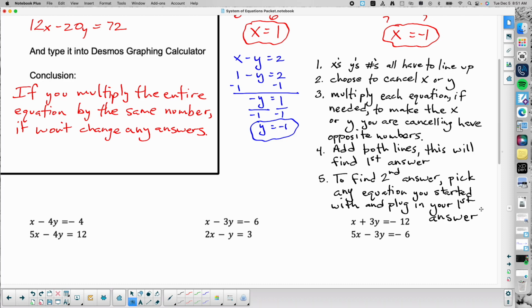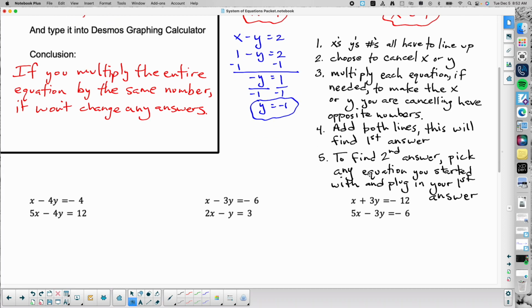So to find the second answer, you're going to pick any equation that you started with, put your first answer in, and then that will find the second answer. And it'll definitely make more sense as we're doing the problems. I just wanted something written down so that you guys could look at it later if you needed to.